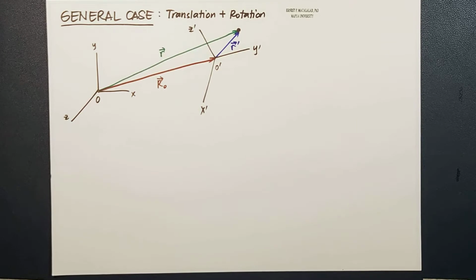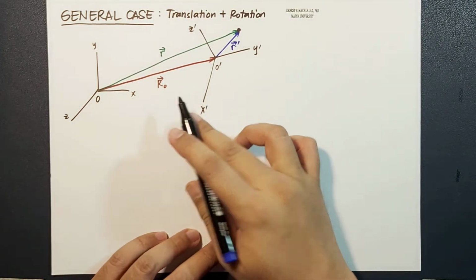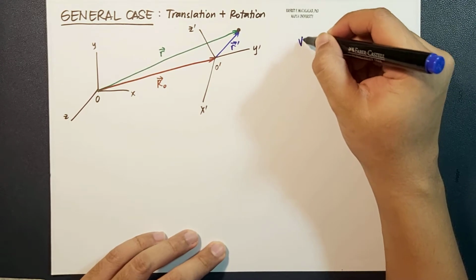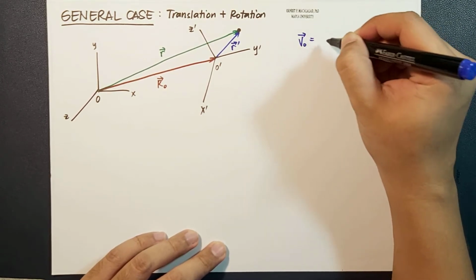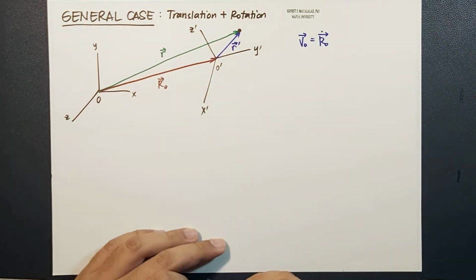Okay, so here we define the following. The velocity of the prime system is now given by V, and this is equal to R dot naught.